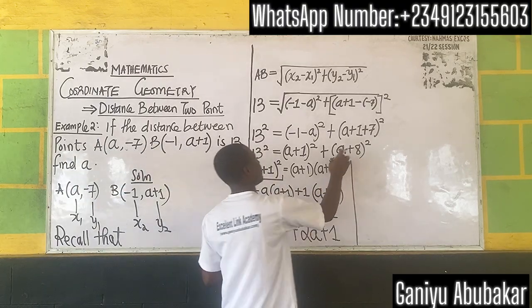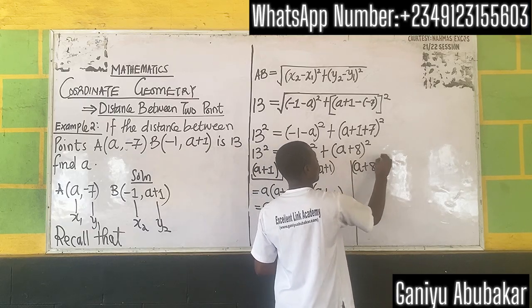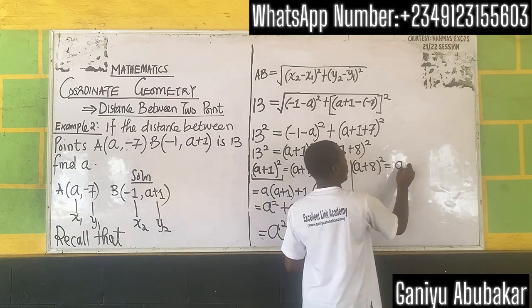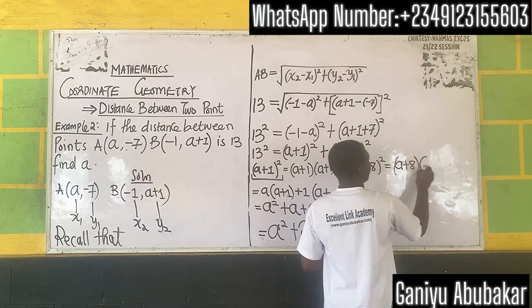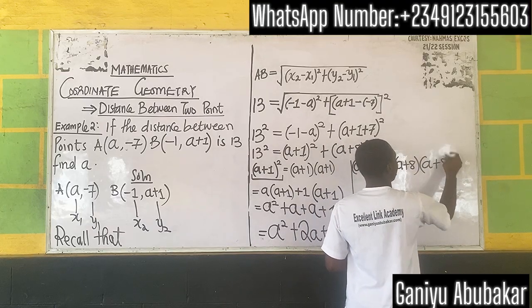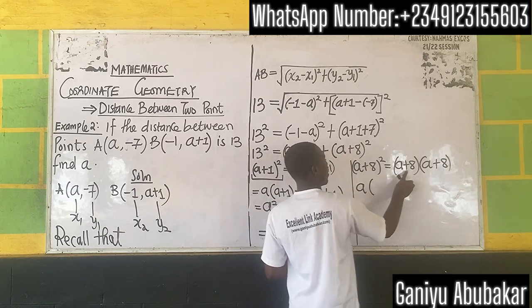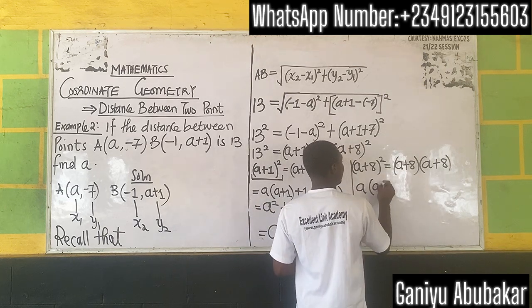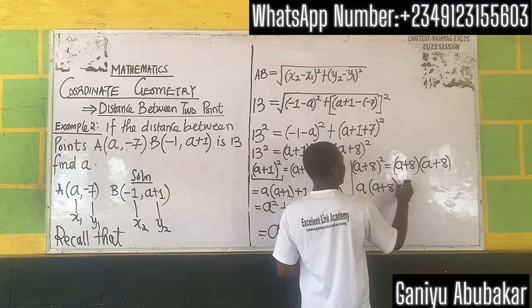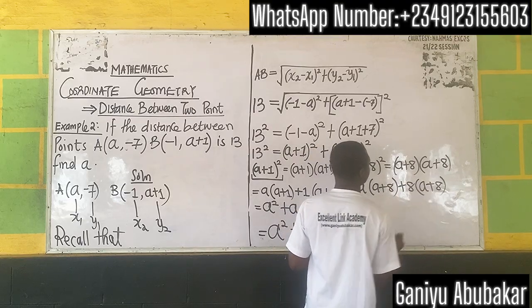Alright, let's expand this one here. If I have (A plus 8) all squared, this simply means (A plus 8) into (A plus 8). Take out the first term, that's A, into everything here is A plus 8. Second term here is plus 8, into everything here, A plus 8.